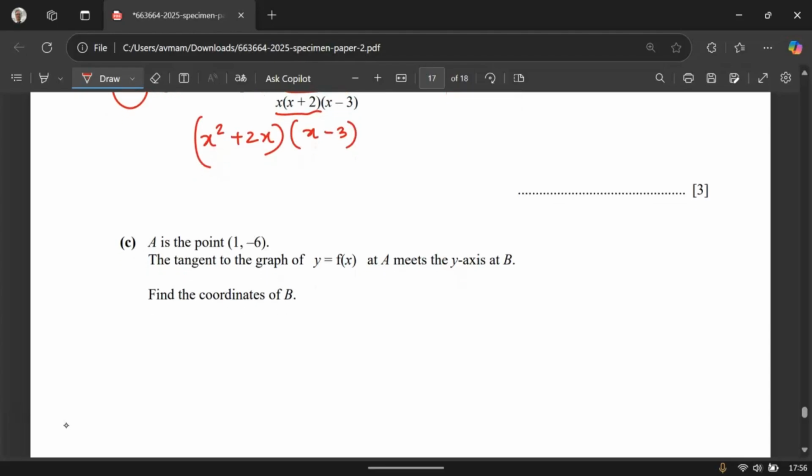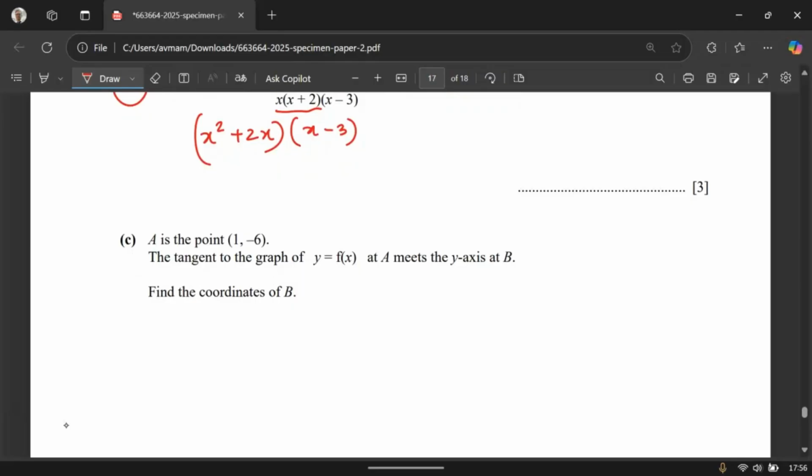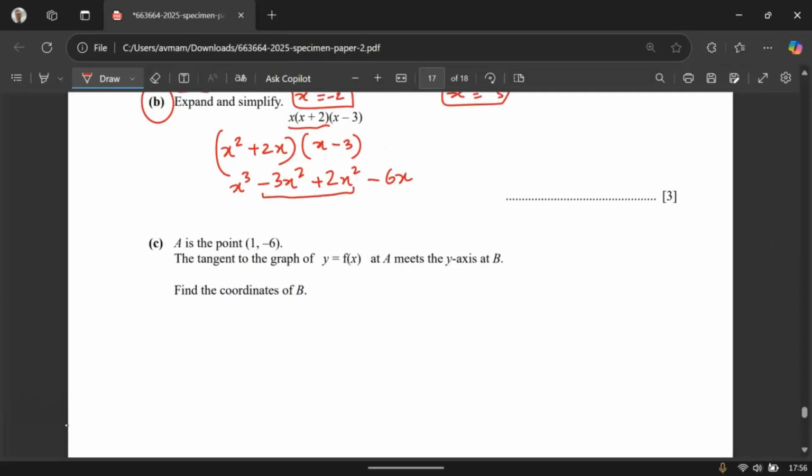Let's multiply again. x squared times x will give us x cubed. x squared times minus 3 will give us minus 3x squared. 2x times x will give us plus 2x squared. And 2x times minus 3 will give us minus 6x. Let us tidy up this portion. We will have x cubed. Minus 3 plus 2 is minus 1, so minus x squared, minus 6x.